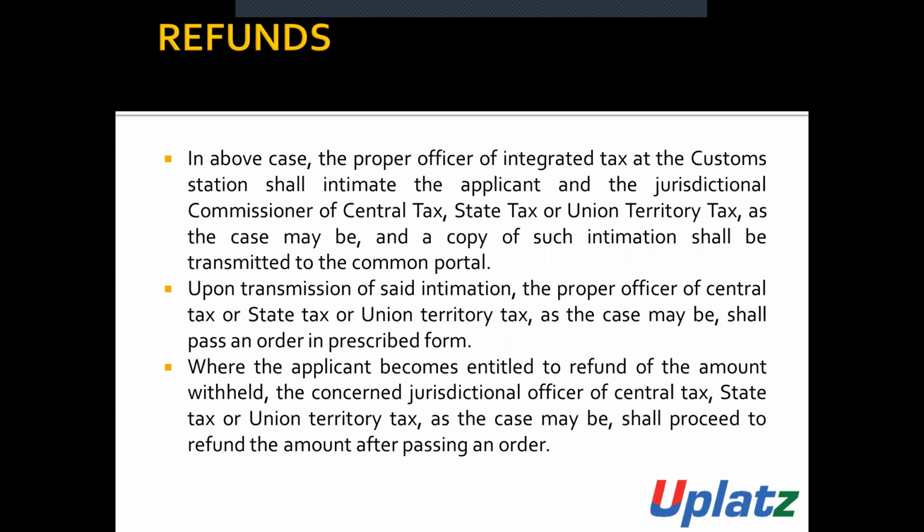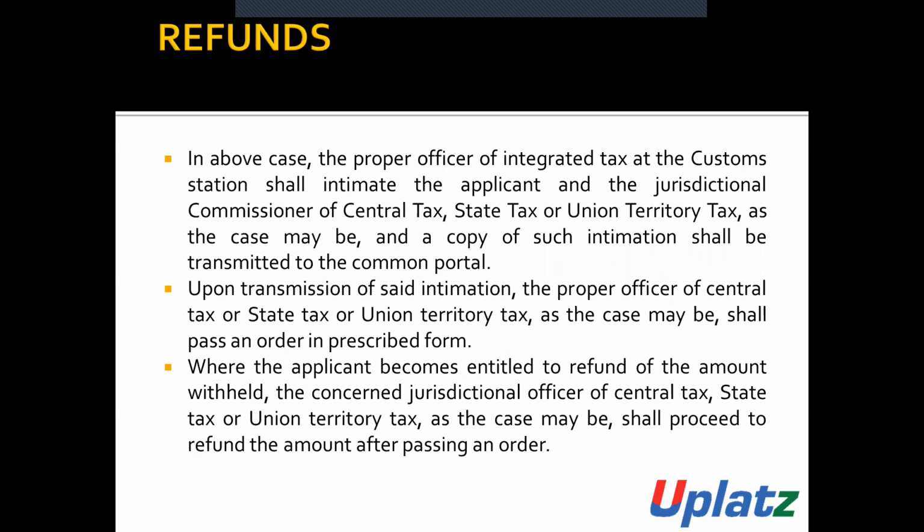Upon transmission of the said intimation, the proper officer of central tax, the proper officer of state tax, or the proper officer of union territory tax, as the case may be, shall pass an order in the prescribed form.